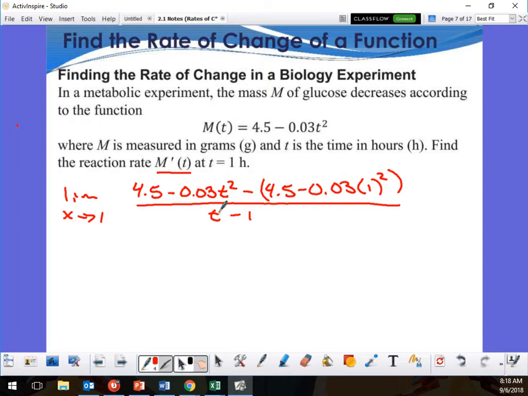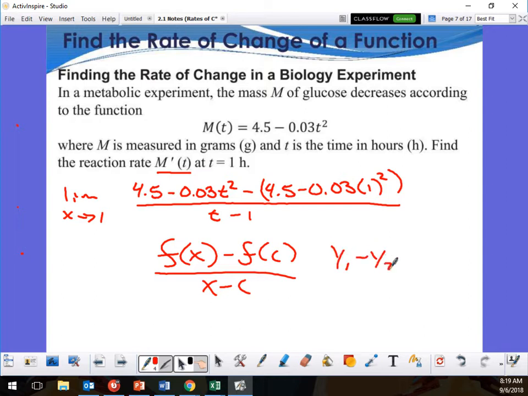Why am I putting it over t minus 1? This is a slope formula: f of x minus f of c over x minus c. It's y1 minus y2 over x1 minus x2.